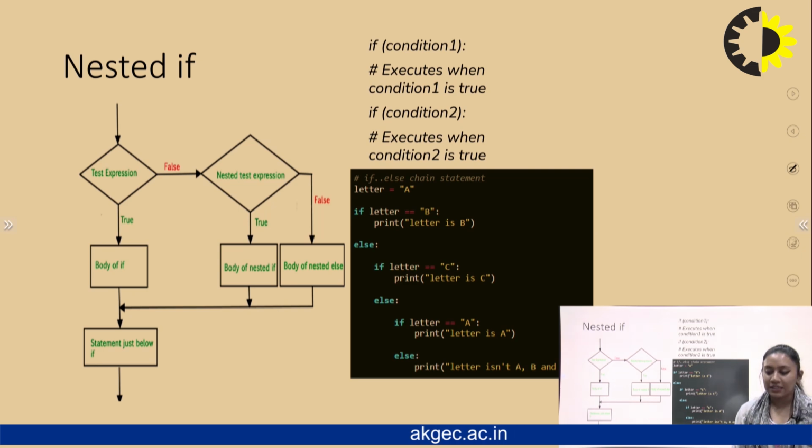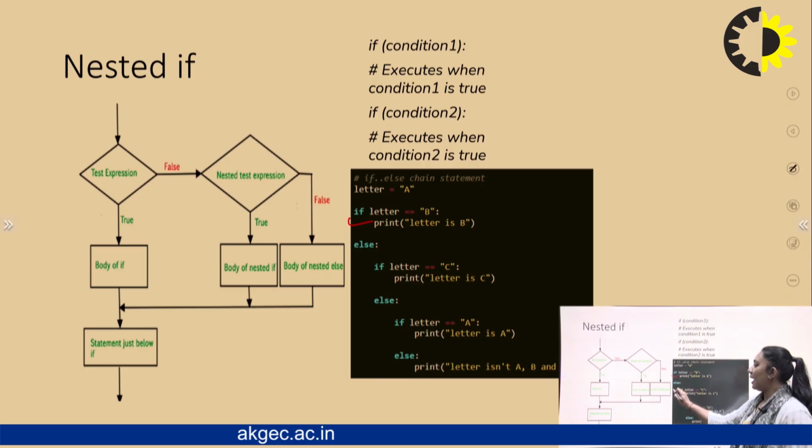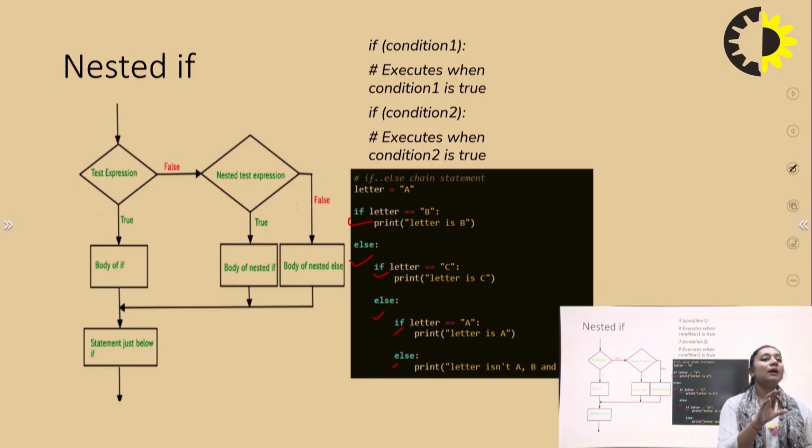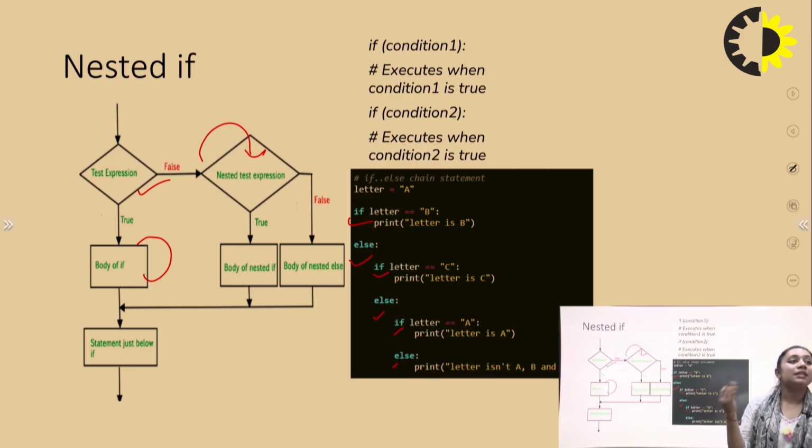Next we have nested if. Nested if is like this: an if condition is there, else, then in the else we again have an if and else condition, and again in that else we have another if and else condition. So a number of nested if conditions can be there to execute one program, or to solve one problem. If the test expression is true, then it executes the if statement, and if it is not, then it executes the next nested test expression.